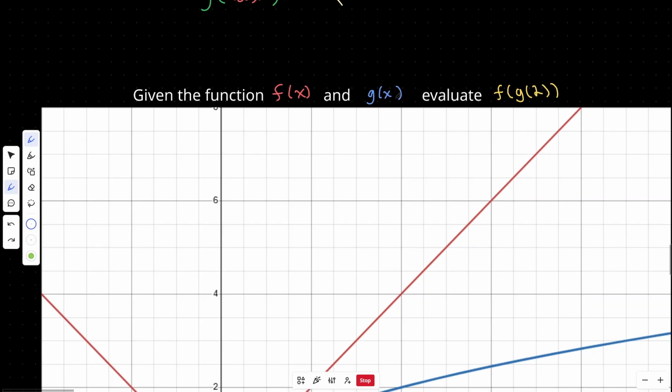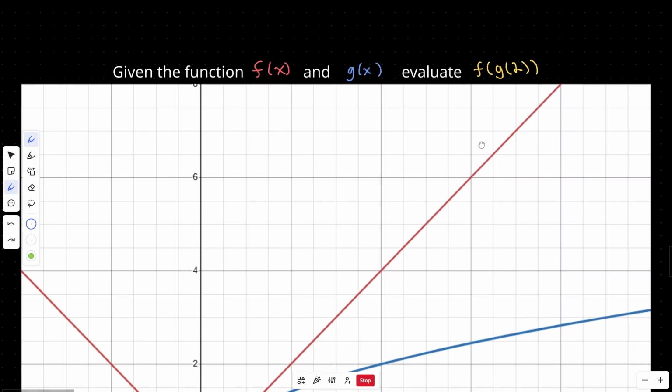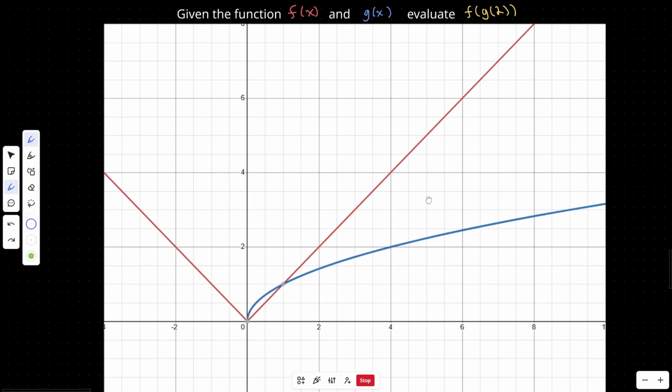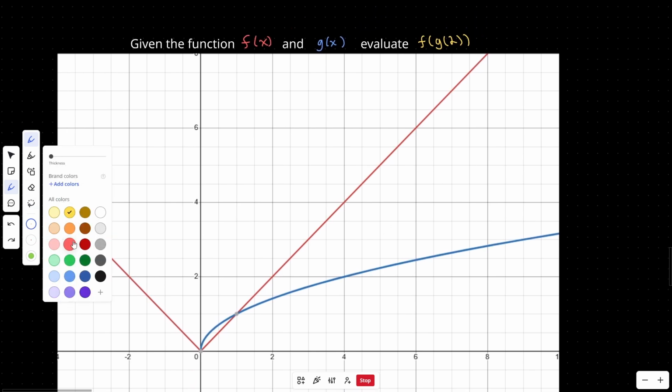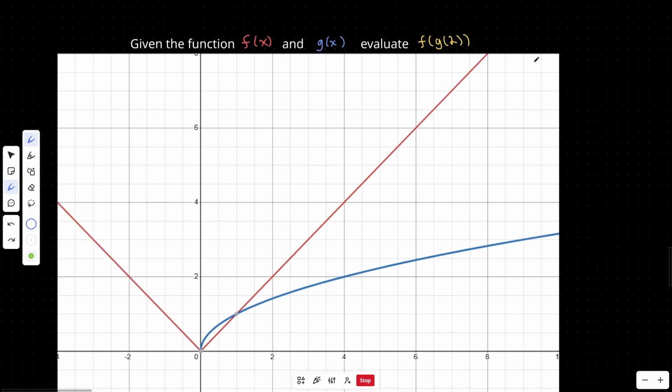Given the functions f of x and g of x, evaluate f of g of 2. Okay, so our first step is to evaluate g of 2. So g of x is our blue function right here. When x is equal to 2, g of 2 is equal to, let's just say this is at 1, this is at 1.5, let's say it's at 1.4.